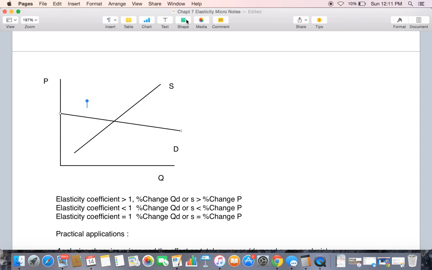So let me see if I can illustrate this for you. When our demand curve is relatively flat, as I've just drawn, we're going to see a large change in quantity demanded relative to a curve that is relatively steep or inelastic.